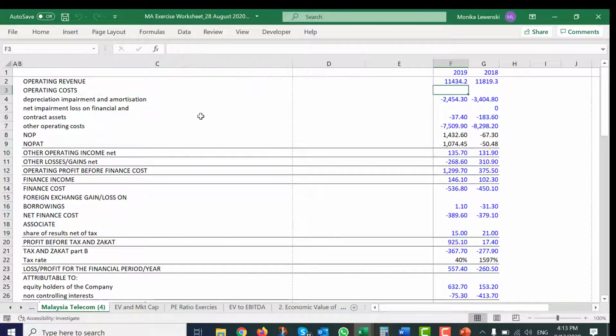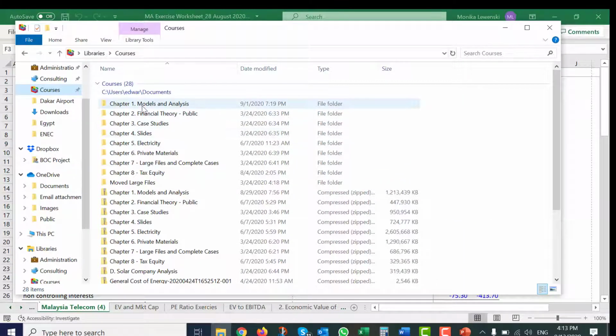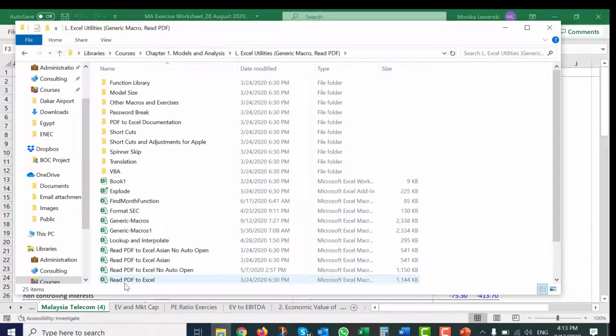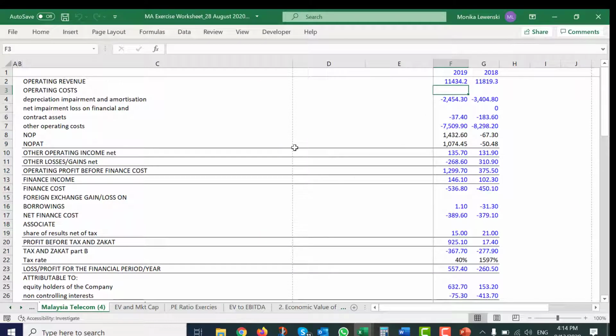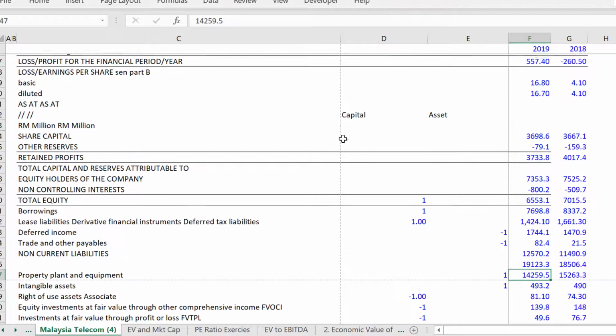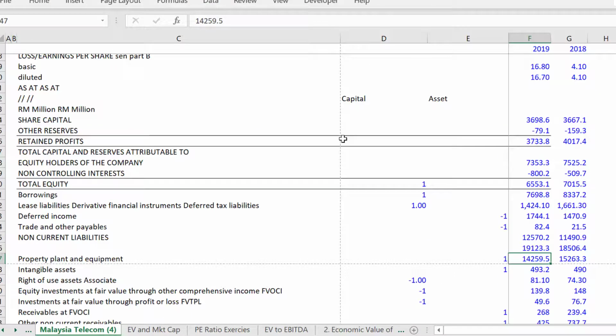And here I showed in the class we spend a lot of time, and if you have forgotten about this wonderful file called read PDF to Excel, I hope you don't, because all I try to do there is come up with a way to easily read the data in. So we read the data in for this telecom company, and we read the profit and loss statement and the balance sheet. That's all we need.